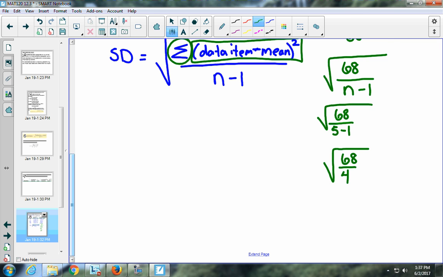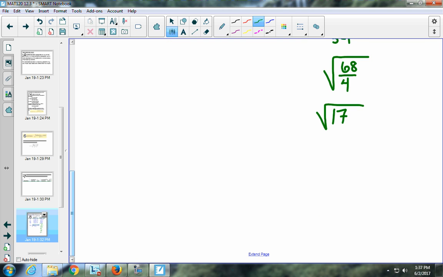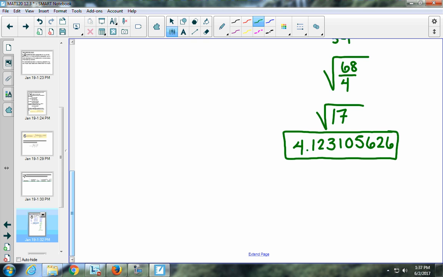We can do that division and find that we really want the square root of 17. When you type that into your calculator, you get 4.123105626. And on the homework or a test, you'll be told where to round, but they did not tell us where to round, so we'll leave that calculator estimate as our final answer.